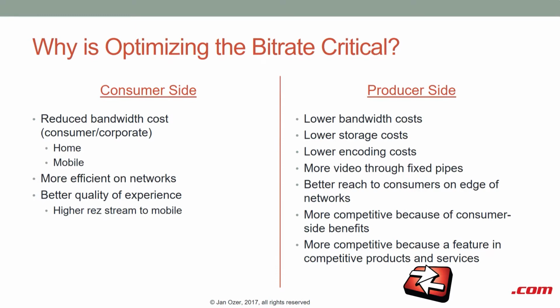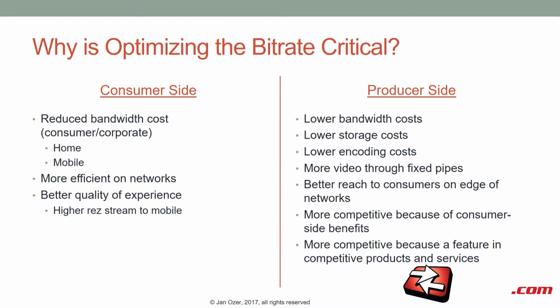Now, why is optimizing the bitrate important? You guys, I think, know all this. From the consumer side, you want to reduce the bandwidth as much as possible, as well as improve the quality of experience. It's not all about decreasing the bitrate on easy-to-encode files. It's also about increasing the bitrate on files that are harder to compress so you get better quality of experience for your viewers.